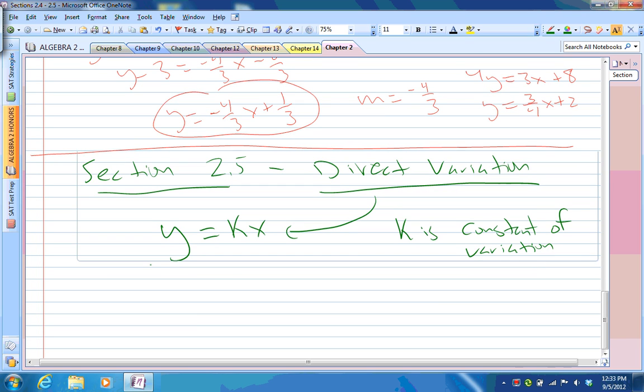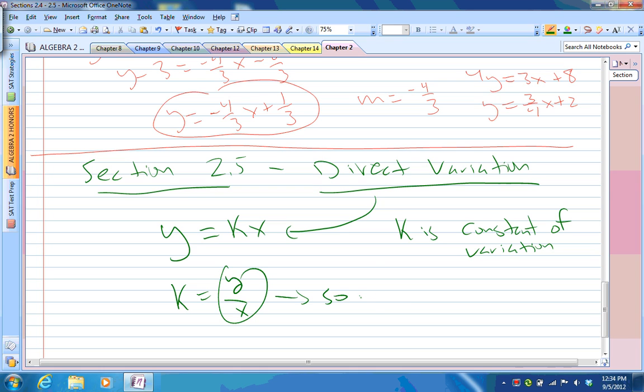What that means is that k equals y over x. So y and x are always in a constant ratio.